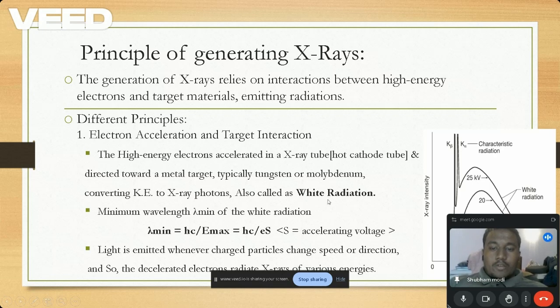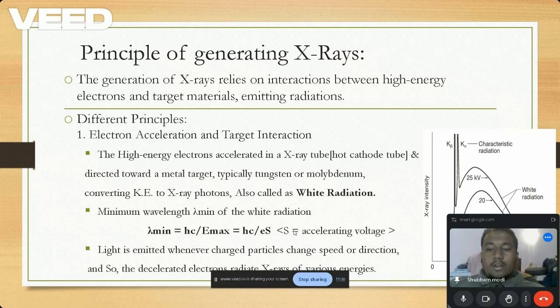This is because of the continuous spectrum of energy. The minimum wavelength lambda min of the white radiation we can calculate by this formula: lambda min equals hc by E max equals hc by eS, where S is the accelerating voltage.